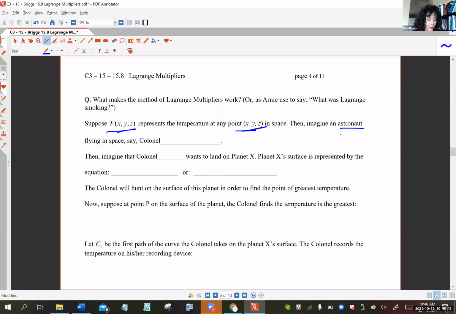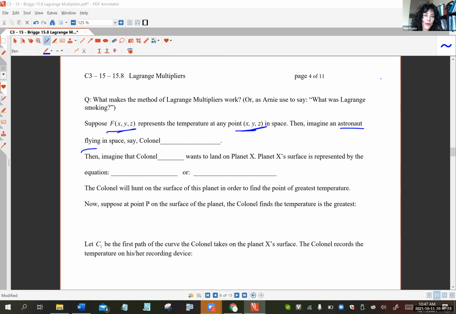And let's say you have an astronaut flying in space. Colonel, I'm going to ask for a volunteer from the audience, or you'll get involuntarily volunteered. Who would like to be my colonel, my astronaut? No one is volunteering. I would like to volunteer.